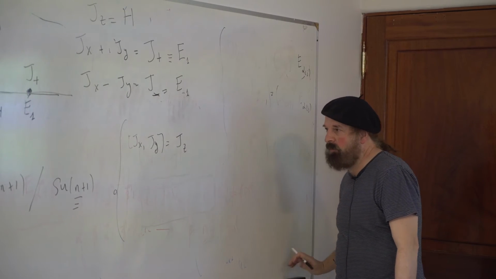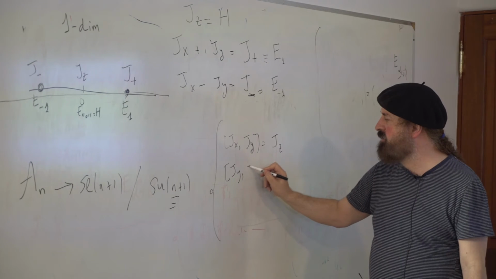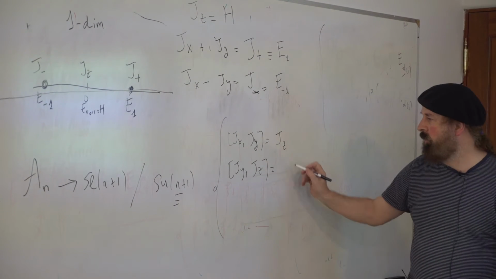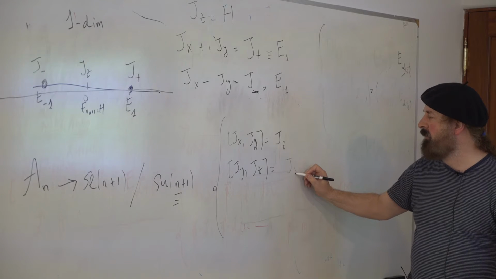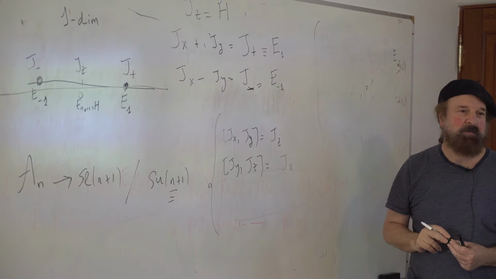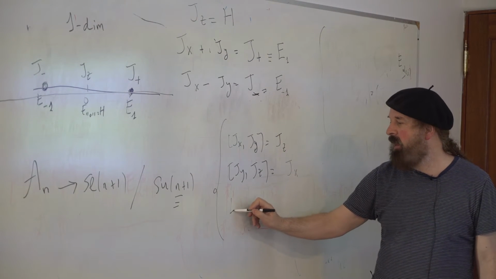Then Jy with Jz will give a Jx, and do I have a plus or negative sign? It's cyclic, so it should be a plus.